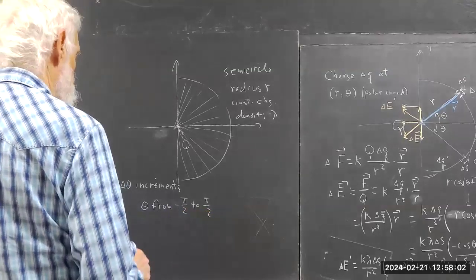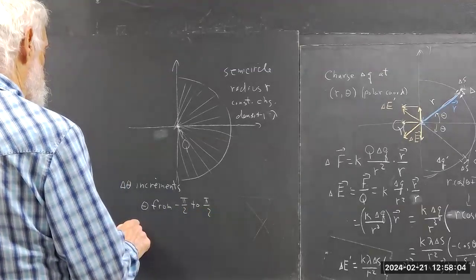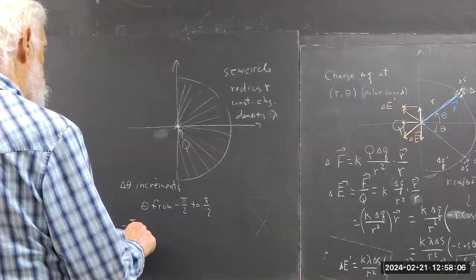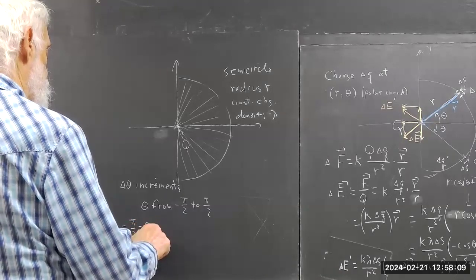Theta from negative pi over 2 to pi over 2. So we get negative pi over 2 equals theta naught.